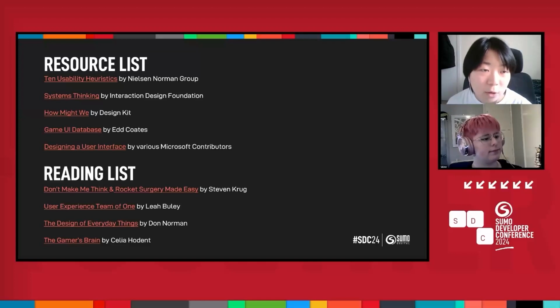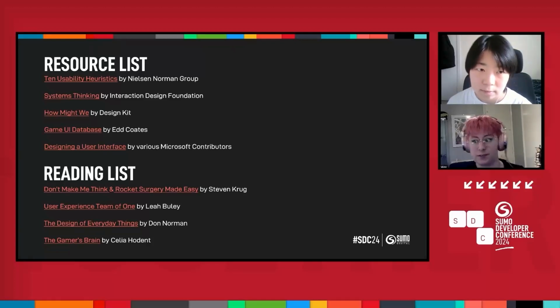Then a How Might We toolkit to help you form those How Might We statements by Design Kit. And then the Game UI database by Ed Coates, which includes a lot of great resources and screenshots of UI and UX in games.